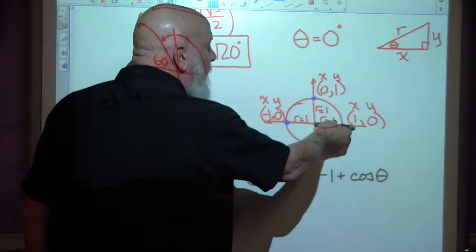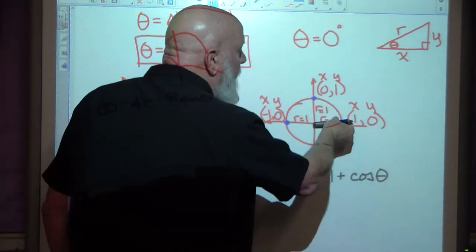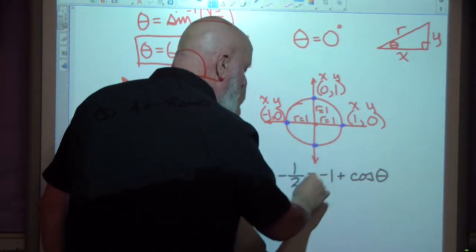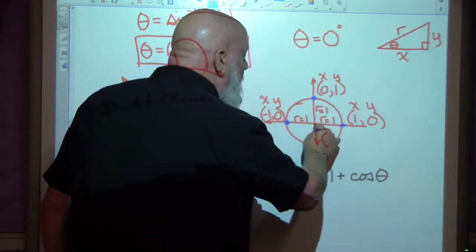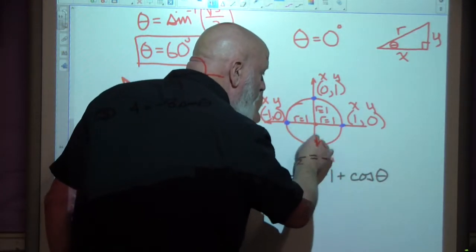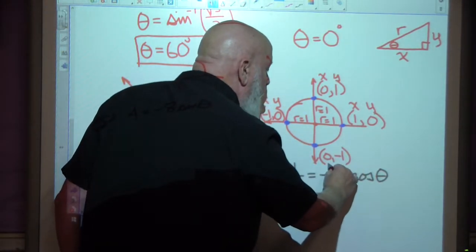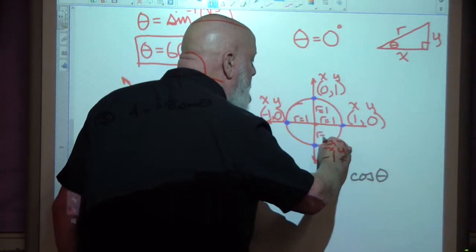And if we rotate 270 degrees, initial side here, and then rotate and stop on the axis, that's a quadrantal angle. If we stop right there, the coordinates of that point are over 0, down 1. That's an x value and a y value. And again, r is 1.